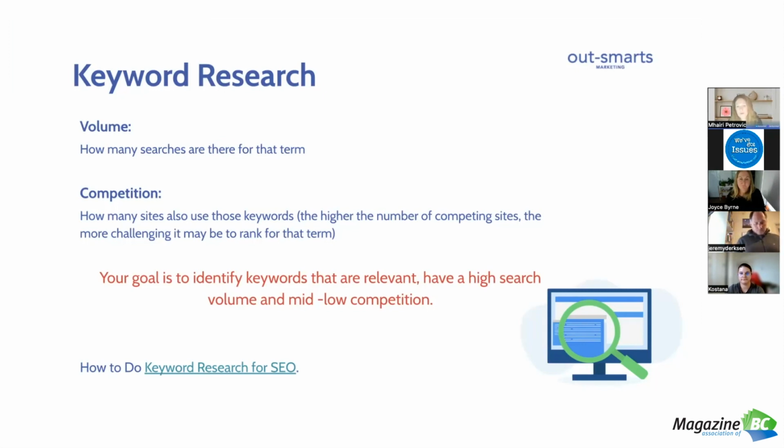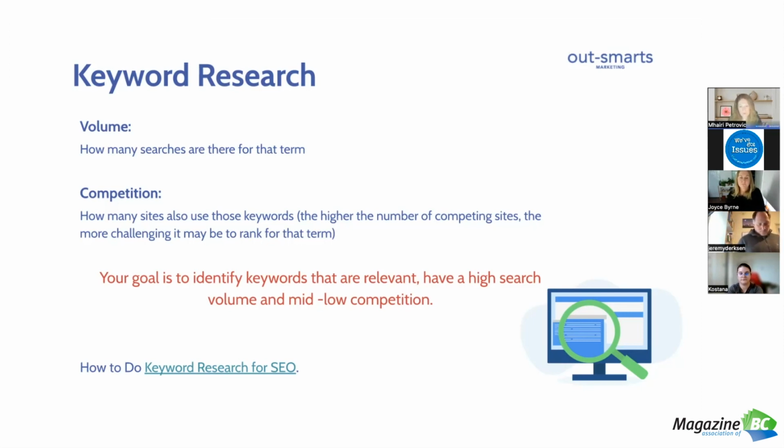However, if you were writing an article about a specific type of car, maybe a 1960 model, I don't know what the names of 1960 cars were, but if I were to search for red Toyota Corolla in Calgary, then the keyword research volume is probably going to be lower, but the competition is going to be lower too.